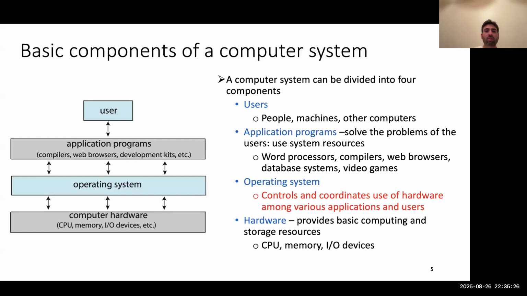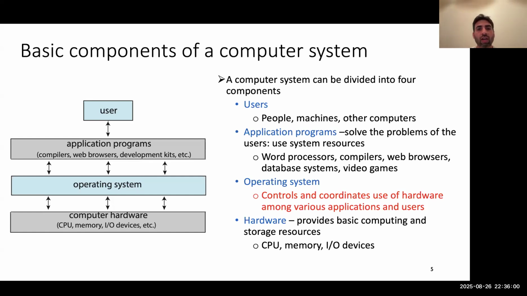But as we know from our daily life experience, multiple applications are running on the same hardware at the same time. That's why we have an operating system, which sits between computer hardware and the application programs, and it is responsible for controlling and coordinating the use of hardware among various applications and users which are using those applications, right?